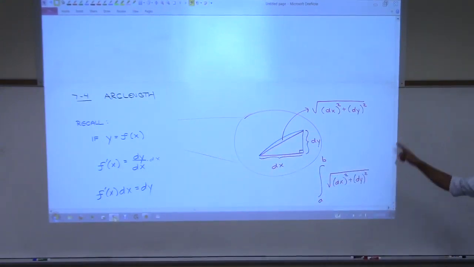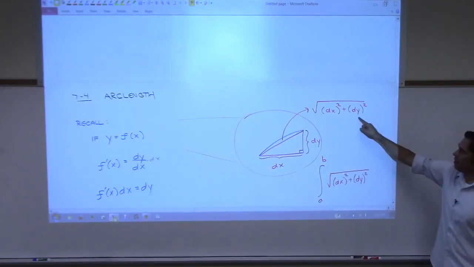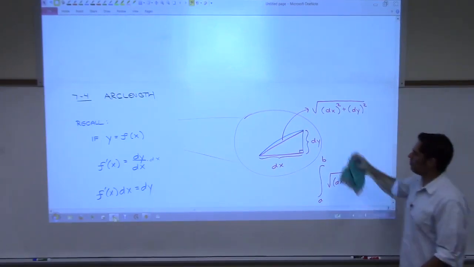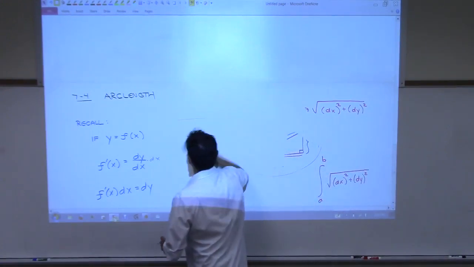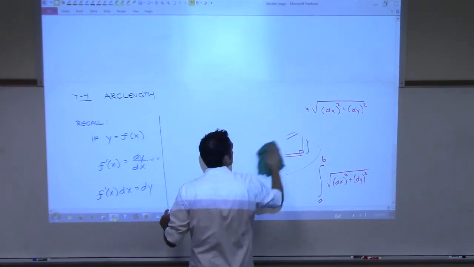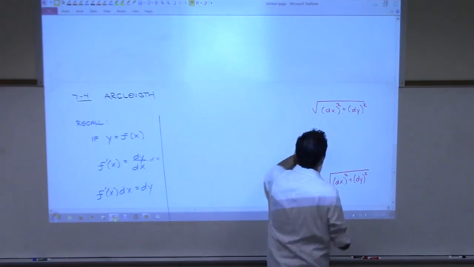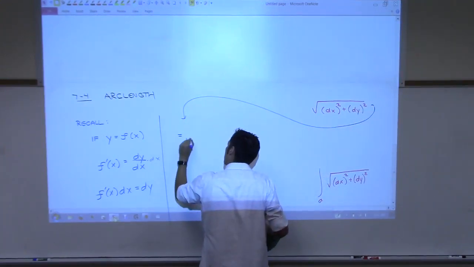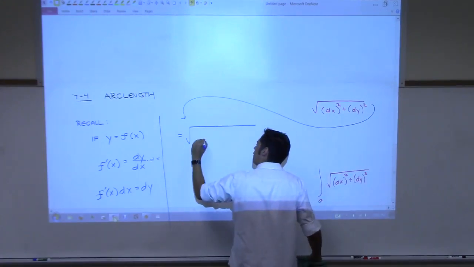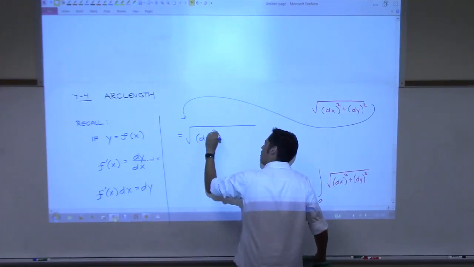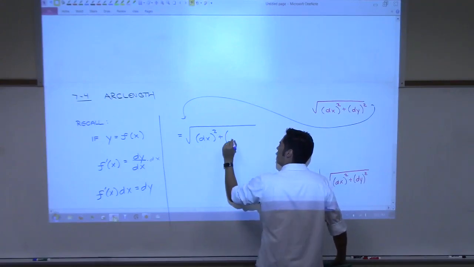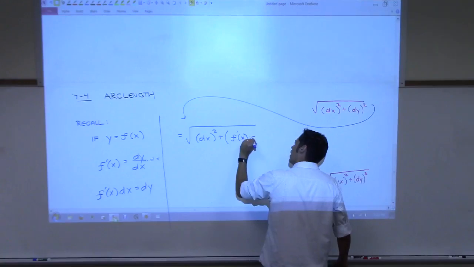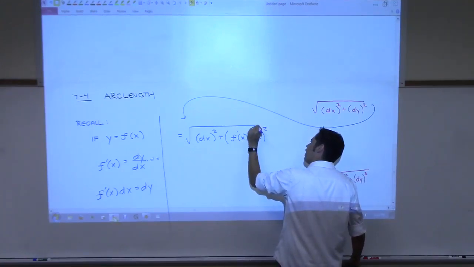All right, let's go back to this. Let's rewrite this, replacing dy with that, okay? So we needed that, but now we're going back to this formula. So this right here equals the square root of dx squared plus what? f prime of x times dx, squared.